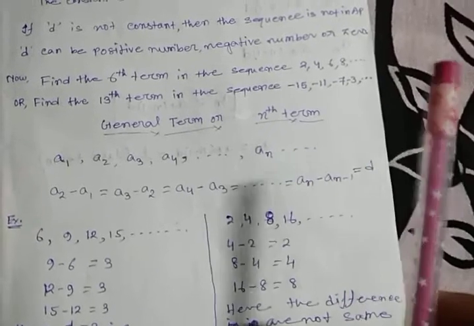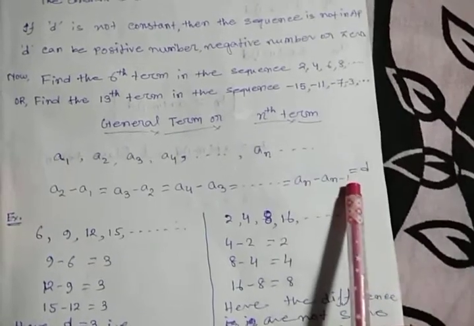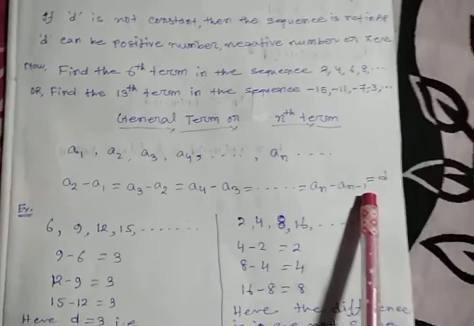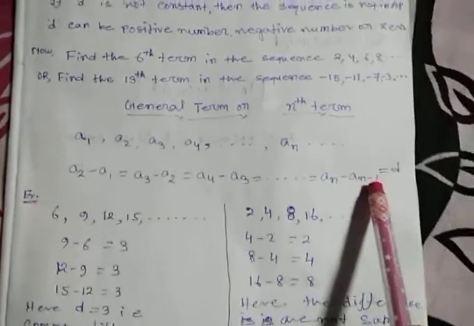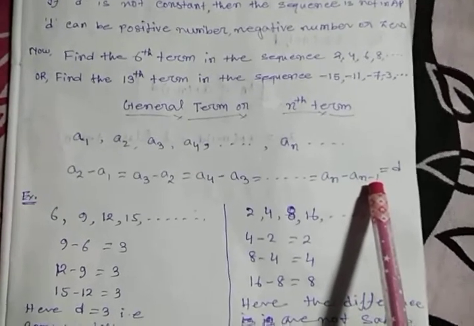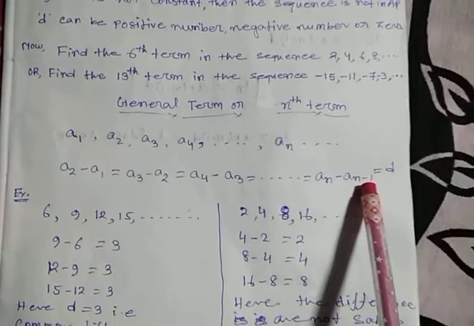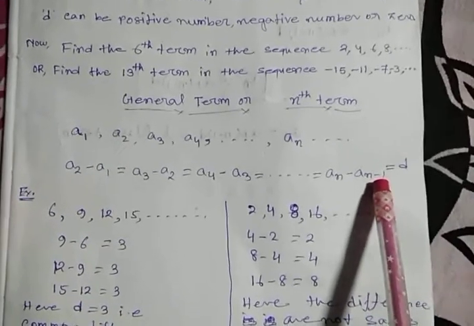That means the difference between any two consecutive numbers must be equal for AP. So if the difference between any two consecutive numbers is not the same, then this is not in AP.